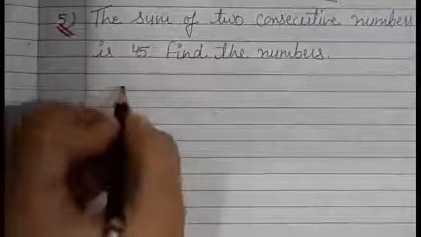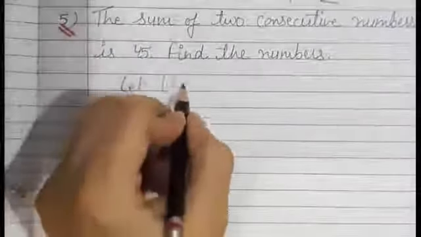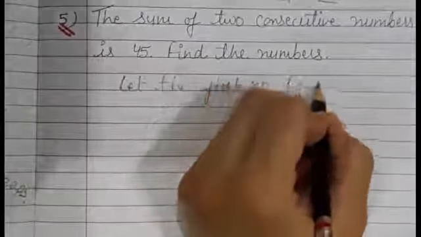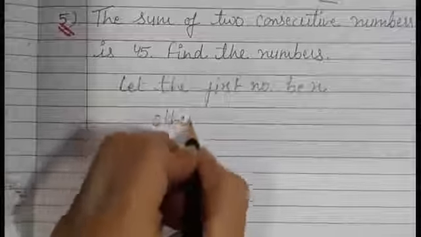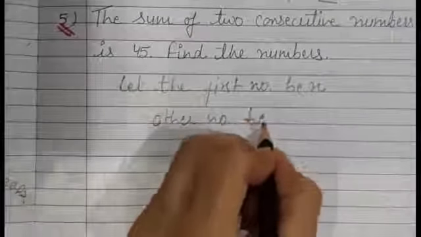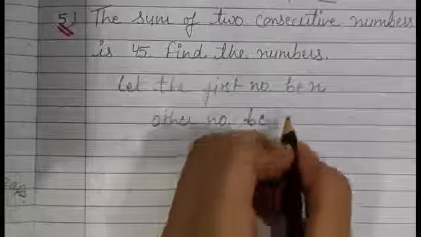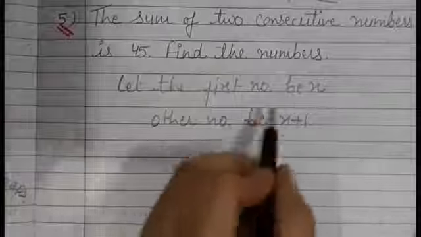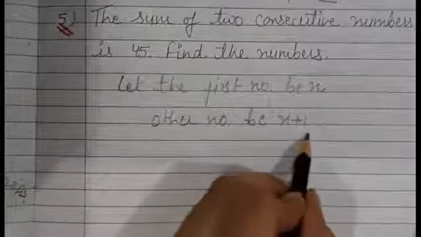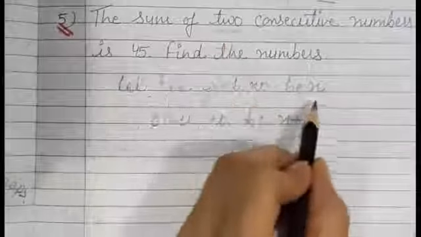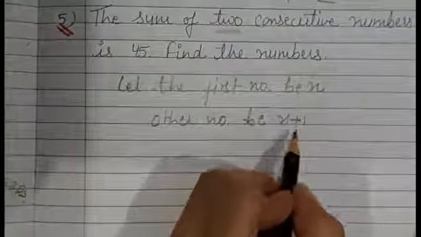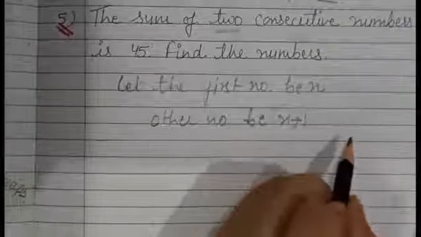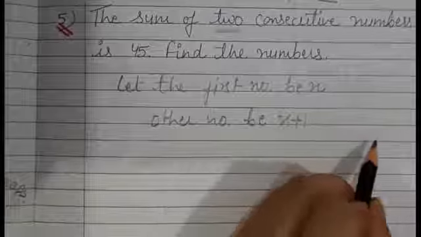So let the first number be x, then the other number will be x plus 1. Since they are asking for two numbers, the two numbers will be x and x plus 1. If they ask for three numbers, then the third number will be x plus 2, right? Fourth number will be x plus 3.